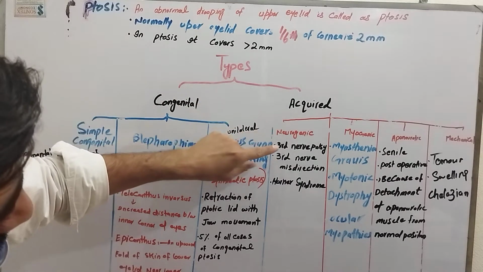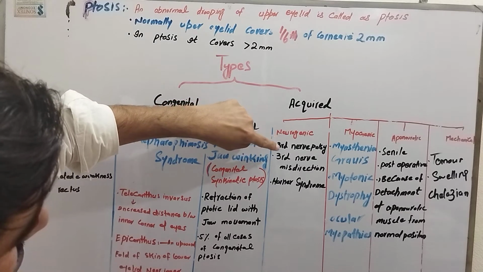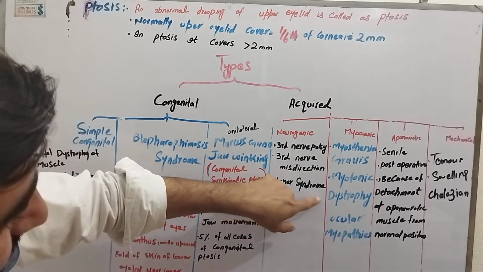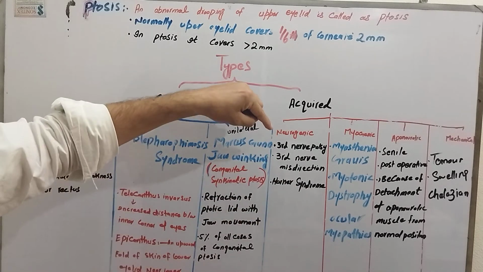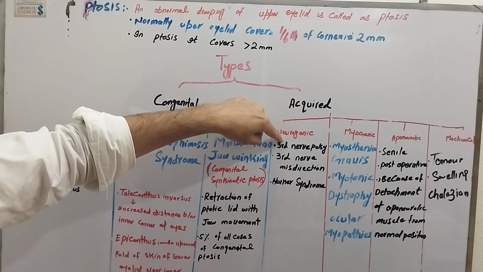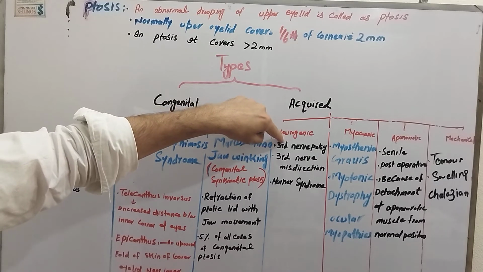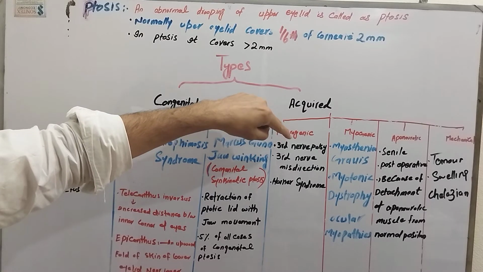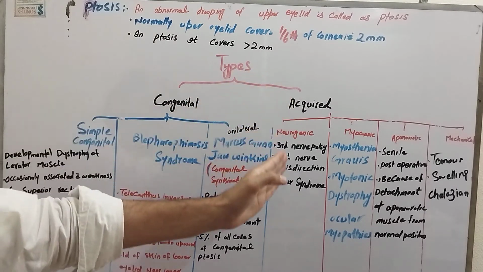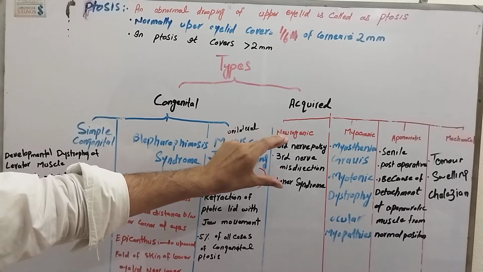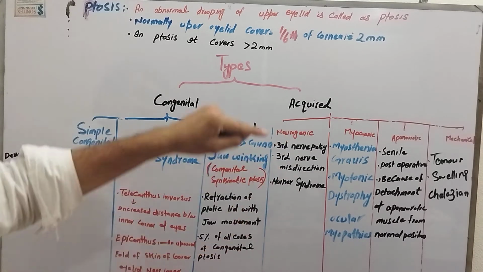Examples are third nerve palsy, third nerve misdirection and Horner syndrome.